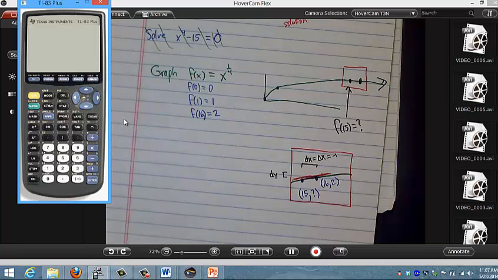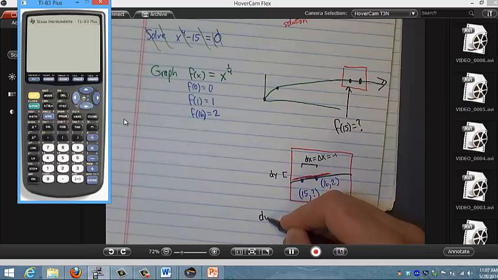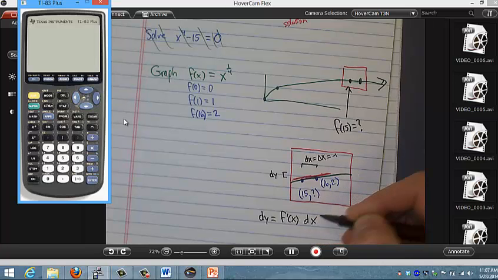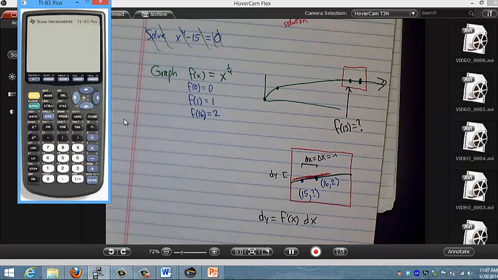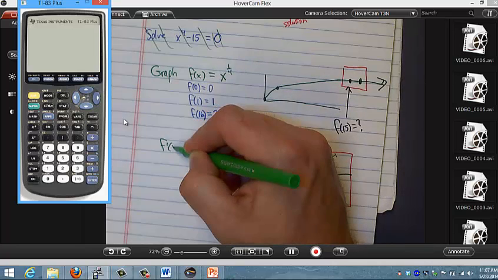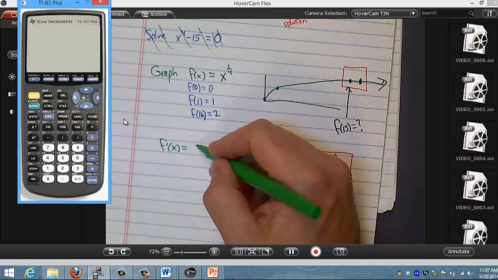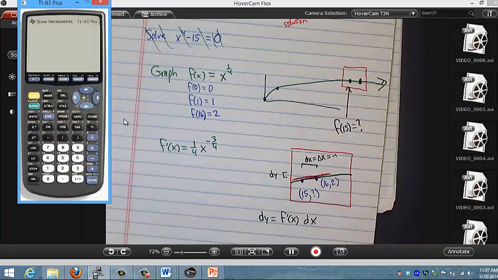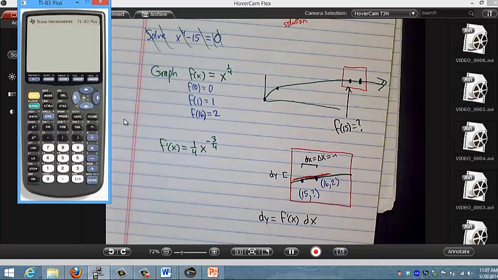What dy equals is f prime of x dx. Right? So that's what we have to compute. So let me compute it. f prime of x is 1/4 x to the -3/4.